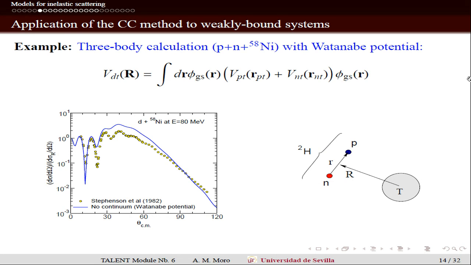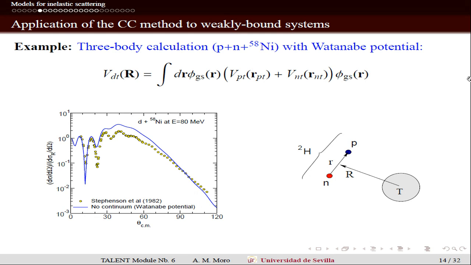This is an application of this cluster model to the deuteron on nickel. This is a classical example. Consistent with our model, the deuteron-target interaction will be described by some coupling potentials.